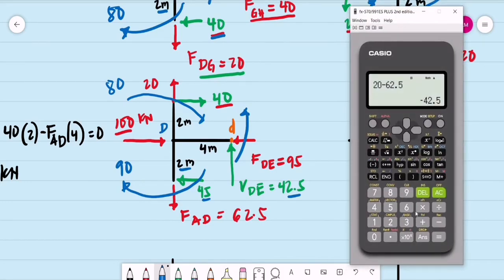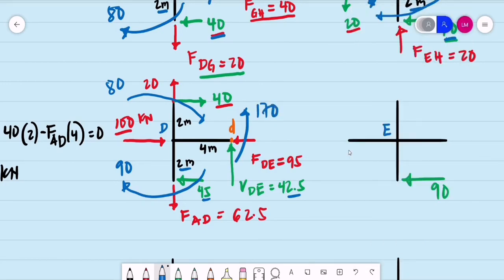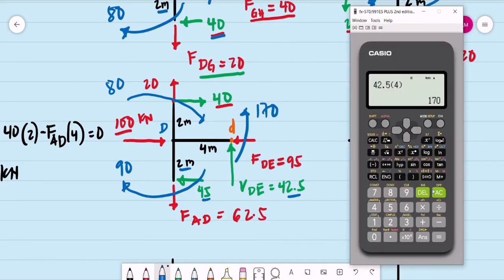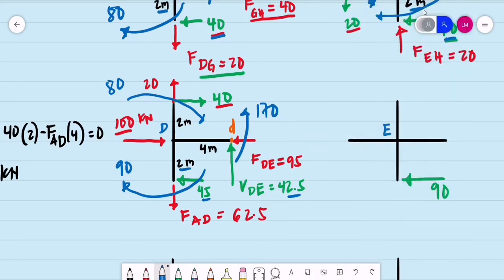That is 42.5 multiplied by 4, that is equal to 170. If we are to check the equilibrium, the summation of moments about joint D should be equal to 0. So we have two clockwise moments, that is the 90 plus 80, minus the counterclockwise 170. And that is 0. Therefore, joint D is in equilibrium.